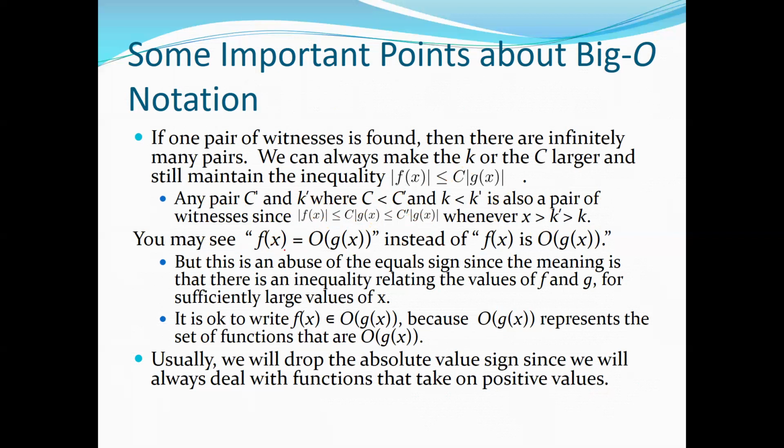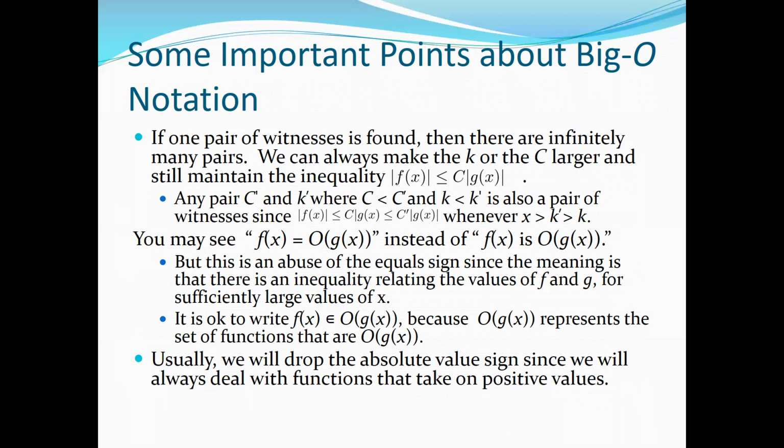You may see that f of x equals order of g of x instead of f of x is order of g of x. But this is an abuse of the equal sign, since the meaning is that there is an inequality relating the values of f and g for sufficiently large values of x.